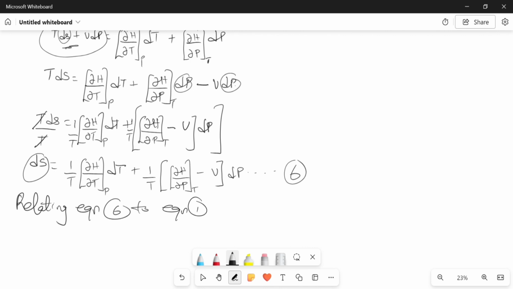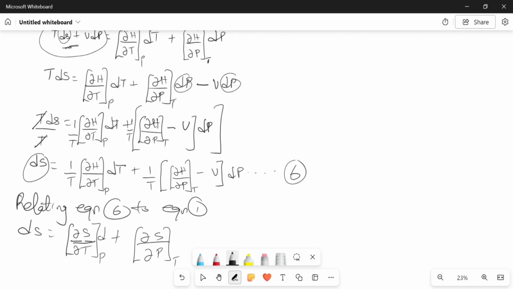Equation 1 says our ds is a function of temperature and pressure. That means the partial differentiation of s with respect to temperature at constant pressure, plus the partial differentiation of s with respect to p at constant temperature.